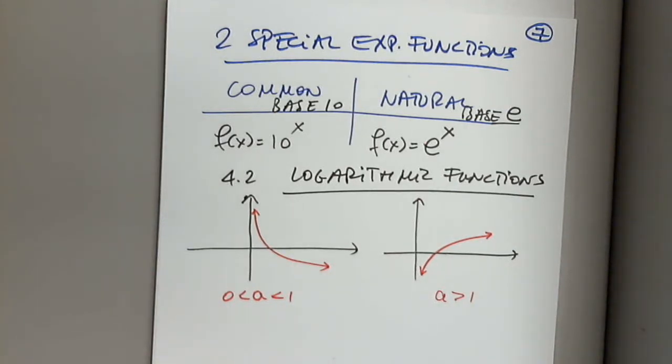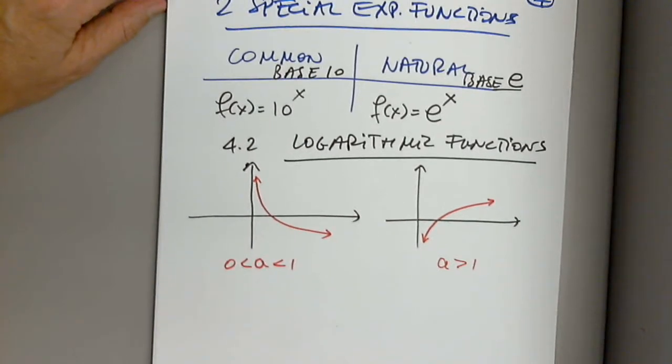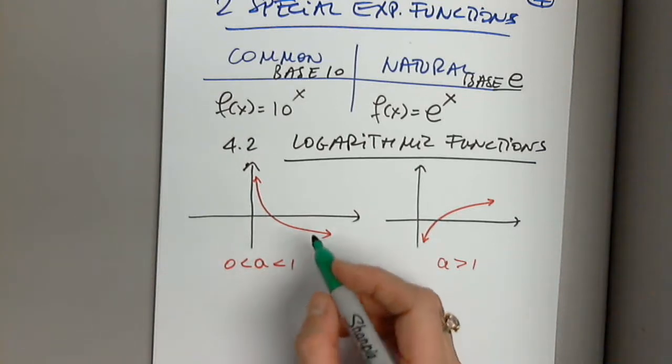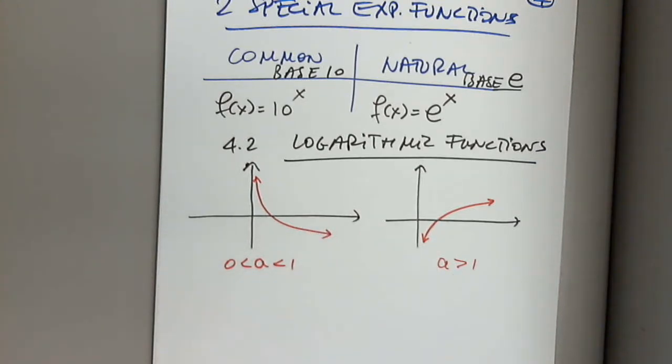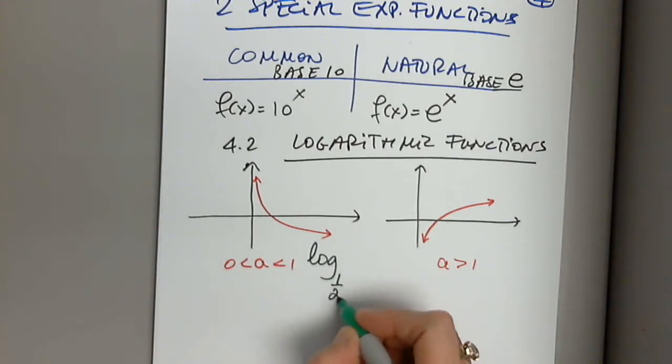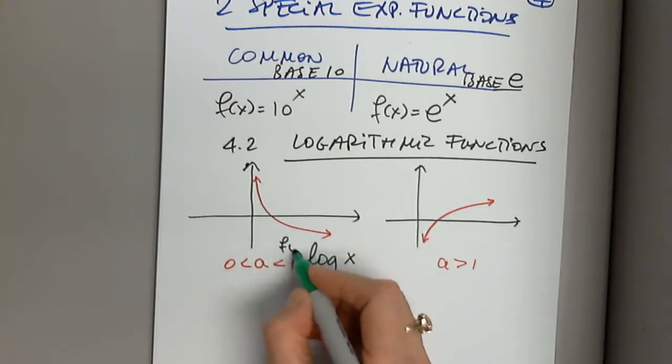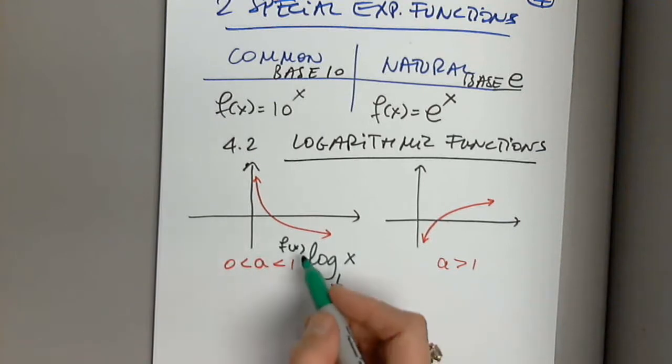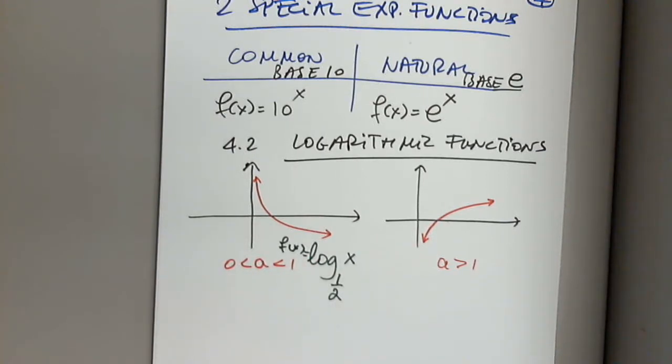Here's the notation. The notation is a little bit intimidating. Please do not be intimidated by it. So if this is the inverse function of the base 1/2, this will be log base 1/2 of x. So this is f of x, log base 1/2 of x.